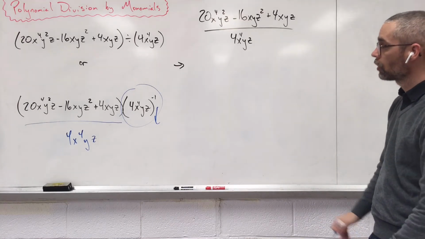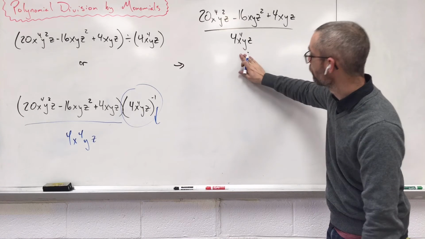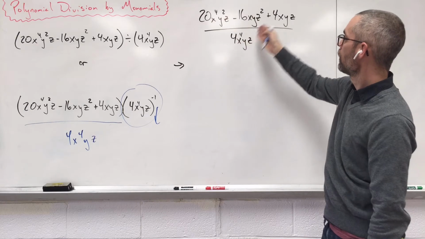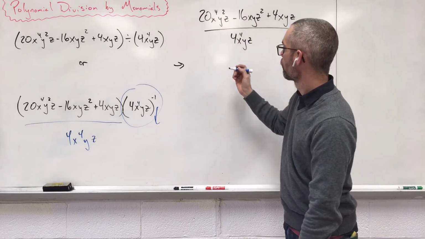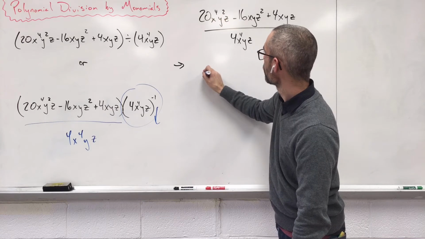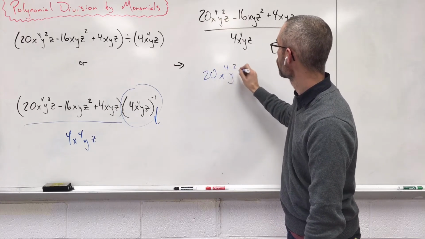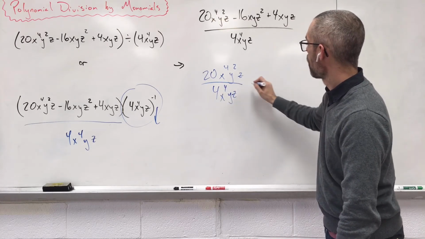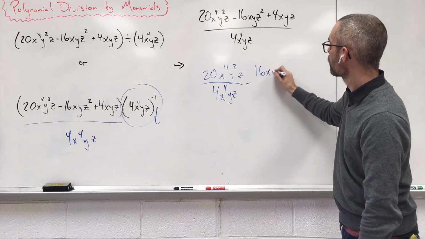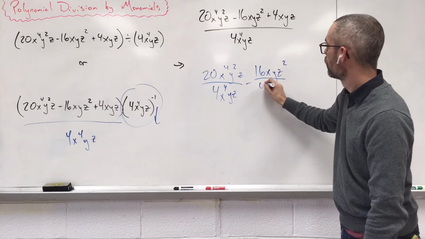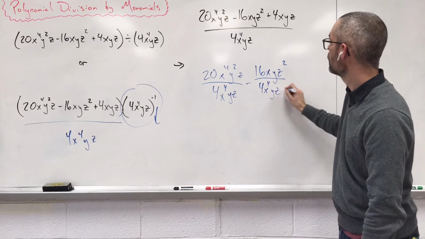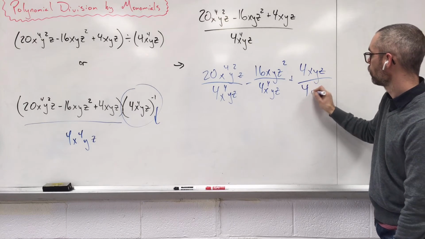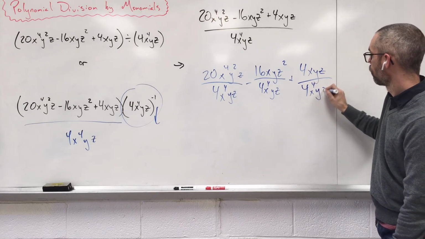Let's start simplifying. I want to take this 4x to the fourth yz, and create three separate fractions, three separate problems. So let's rewrite. We're going to say 20x to the fourth y squared z over 4x to the fourth yz, minus 16xyz squared over 4x to the fourth yz, plus 4xyz over 4x to the fourth yz.